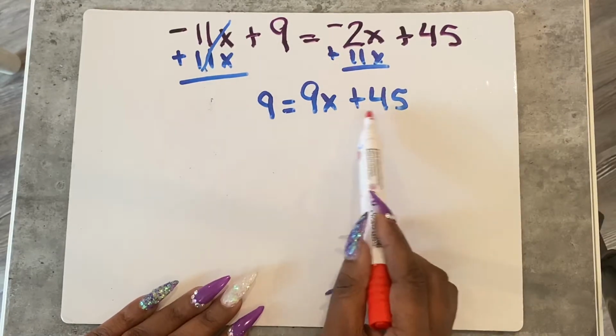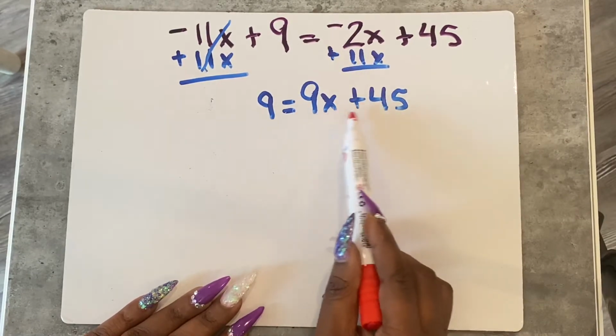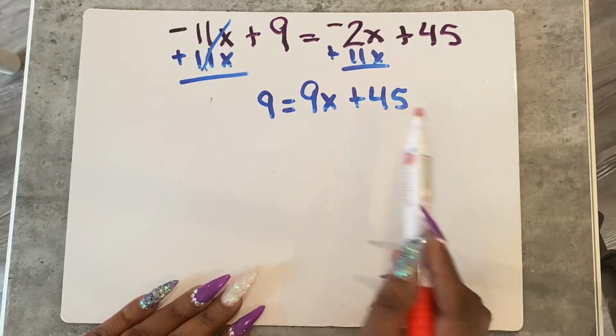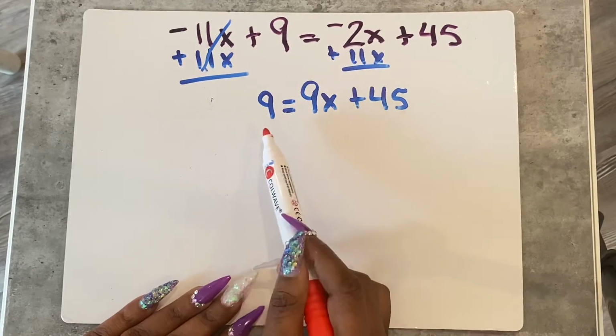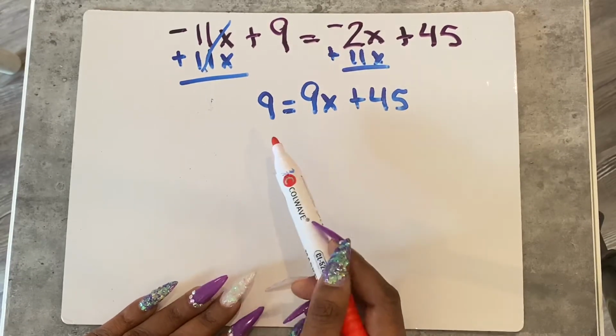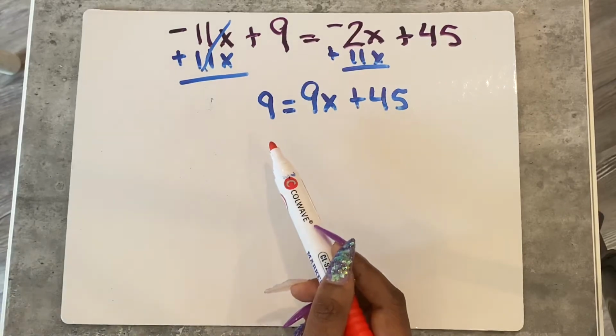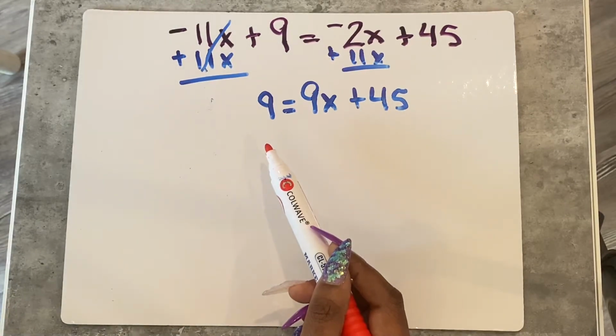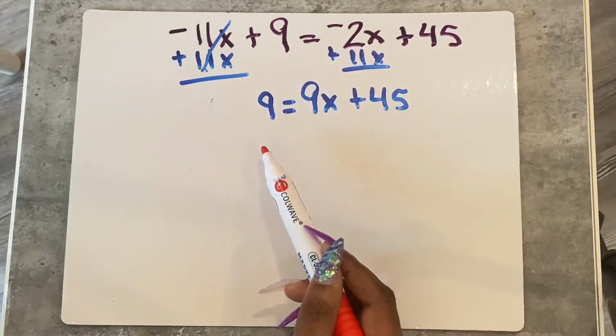This side here has the variable. The variable is on this side of my equal sign. I cannot take from that 9. I cannot take that 9. That 9 has to stay on that side.